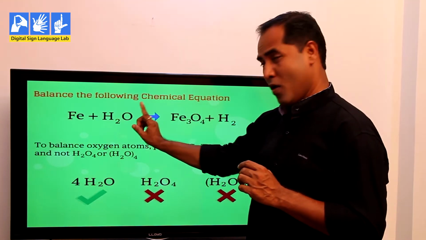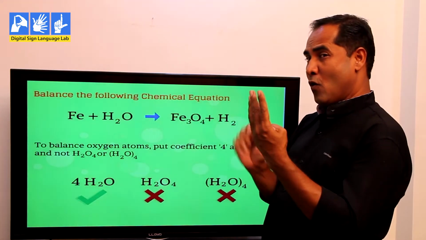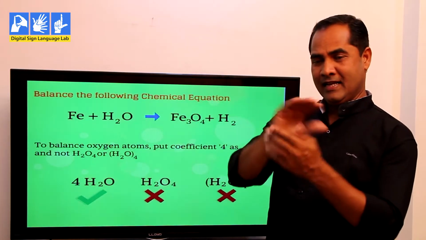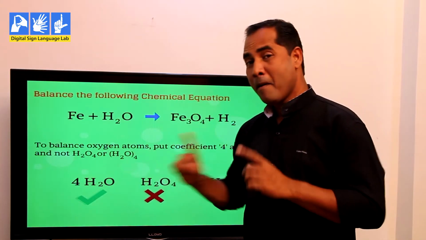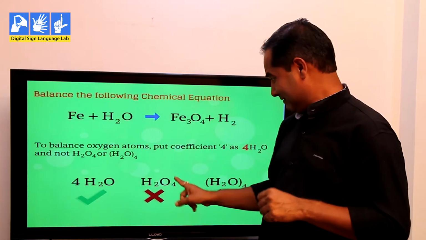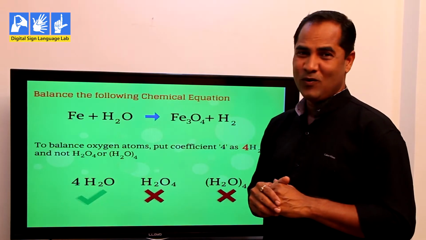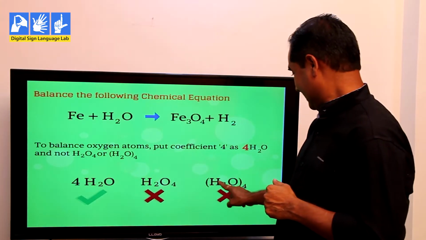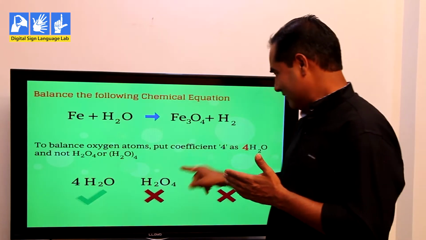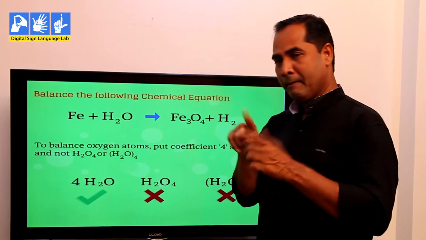So we have O4 here. How do I change the left hand side O into 4? So I'll just add 4 to H2O. If you write it like this, that would be incorrect. And even this in the bracket would be incorrect. The right way of writing is 4H2O.